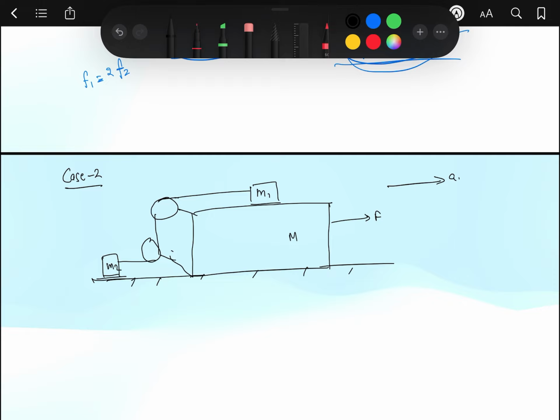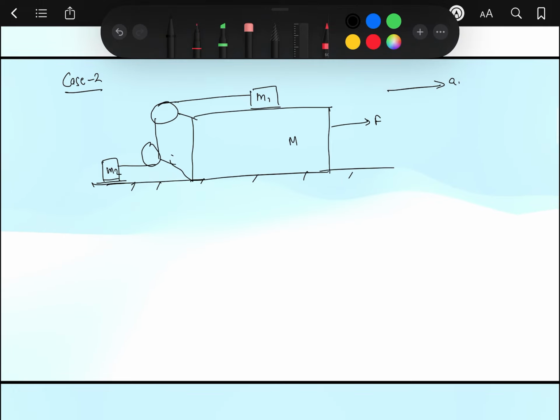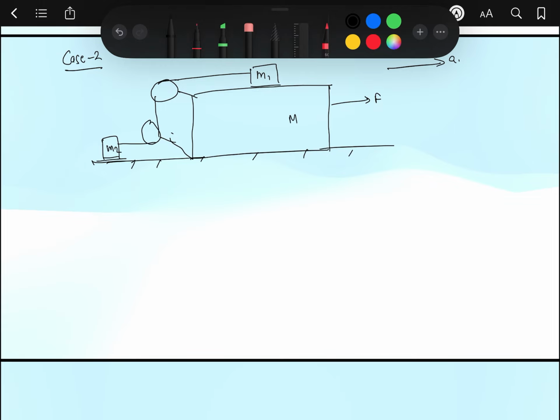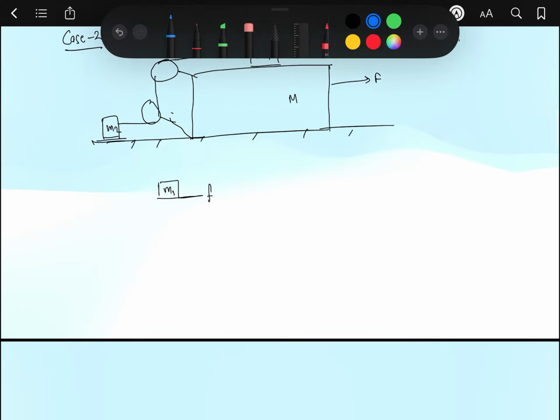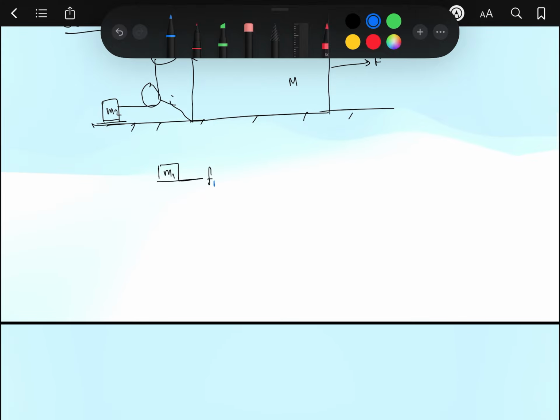Okay, so if I draw the free body diagram for all of these bodies, then let me draw first. This is our M1 here. If it is moving in the right direction with an acceleration a, then there will be a friction force acting on this body like this, that F1 will be some value.